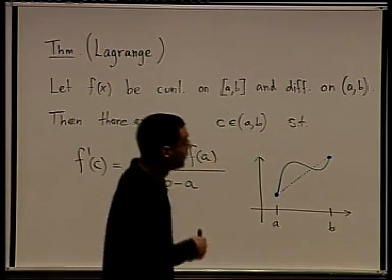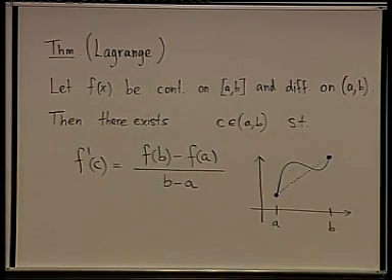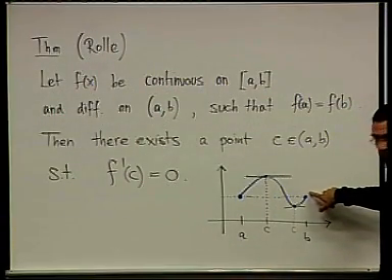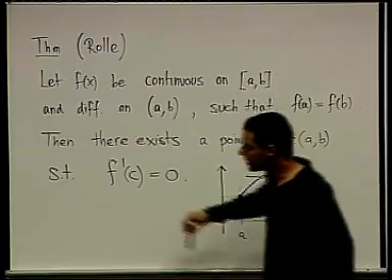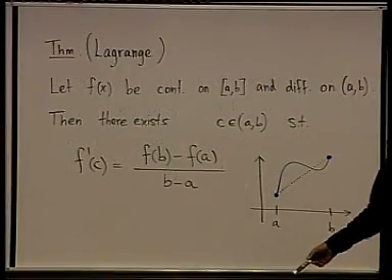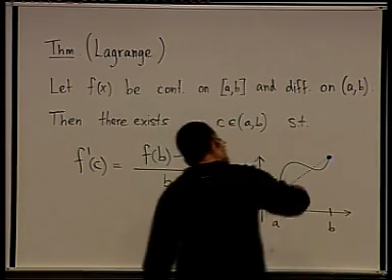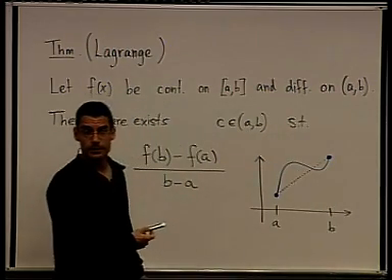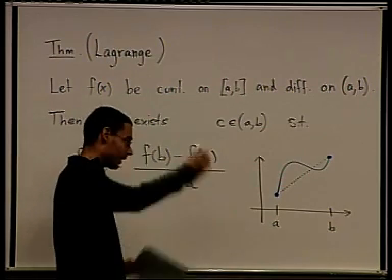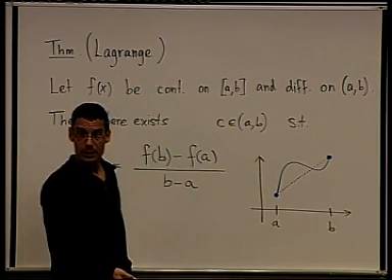He looked at Rolle's theorem. Remember Rolle's theorem? Here it is, right here. Take a quick peek at it. And he looked at Rolle's theorem, but he saw it like that. So look at this picture like that. What do you see? This is Rolle's theorem. Do you agree?